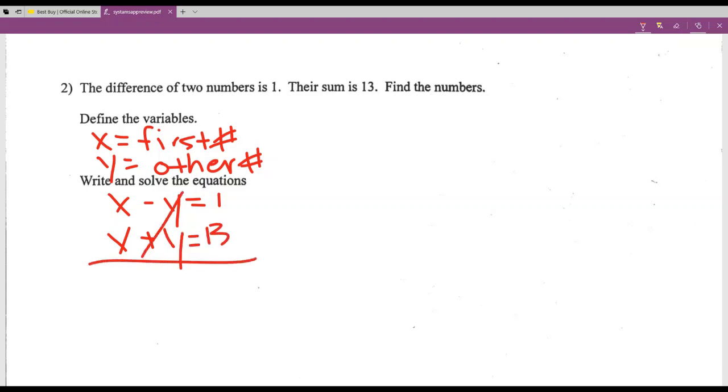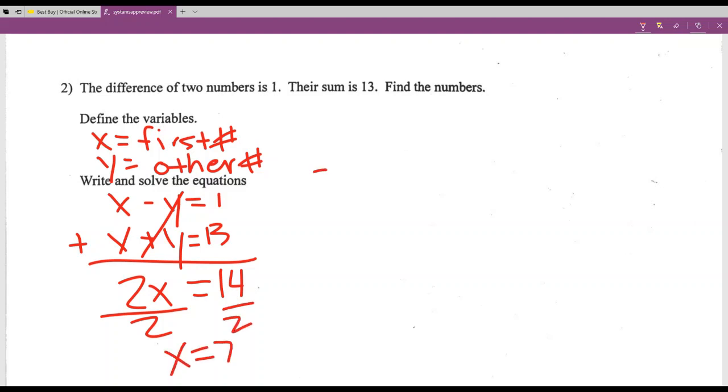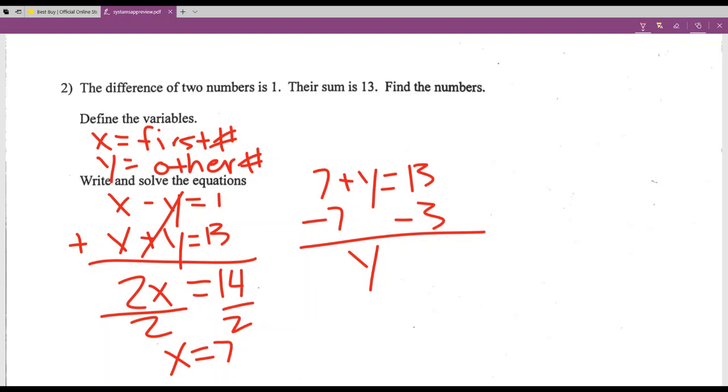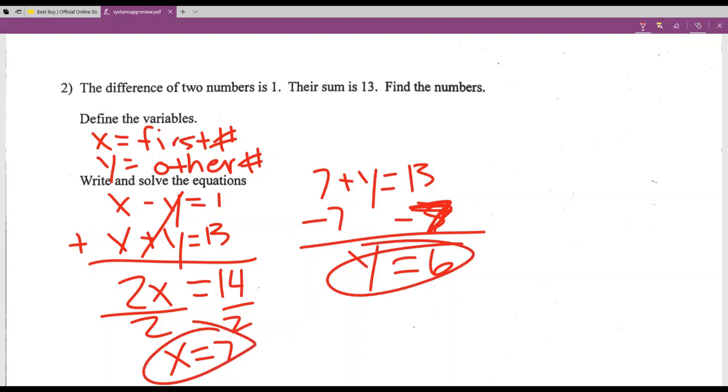Again, we don't have to do anything extra because they're already set up, and we can cancel these out because they're opposites. When you add opposites, they cancel each other out, or they equal 0. So we get x equals 7. And then we plug it back in. It should be a 7. Boom, again, both are odd and satisfy the equations.